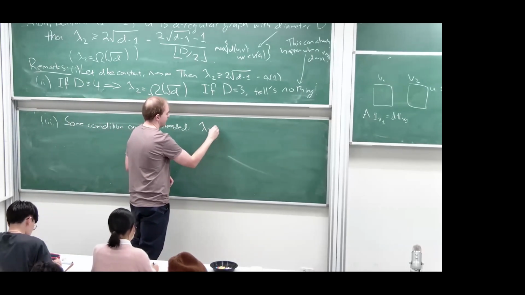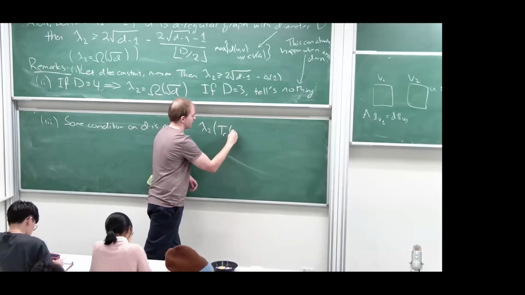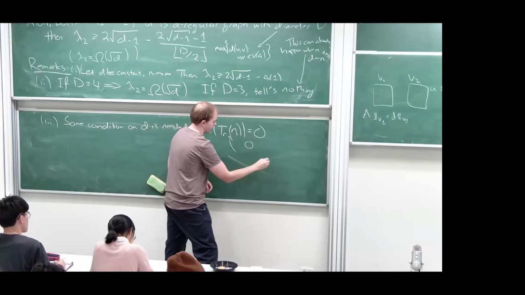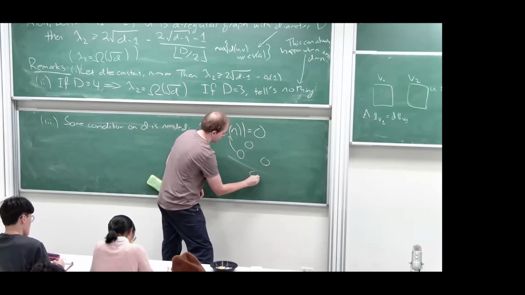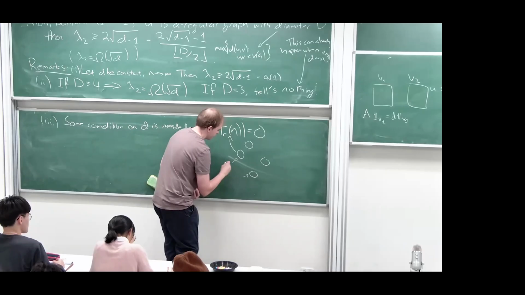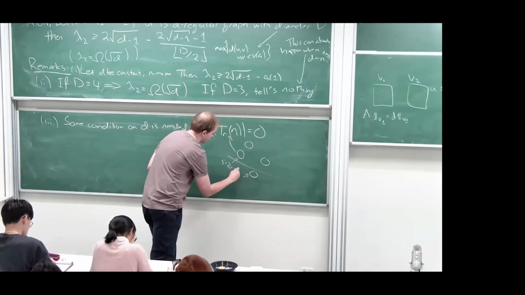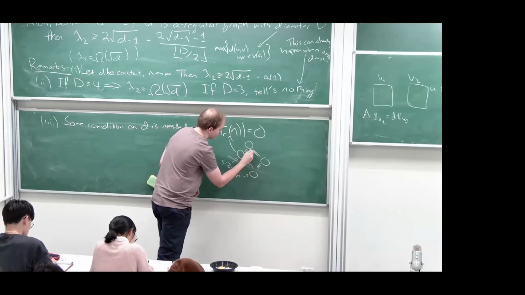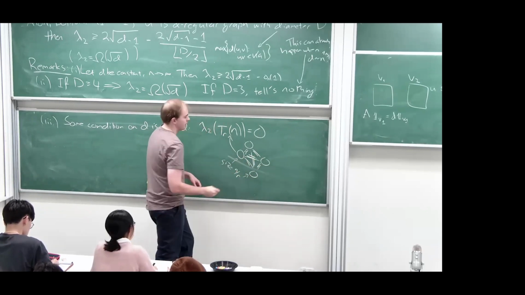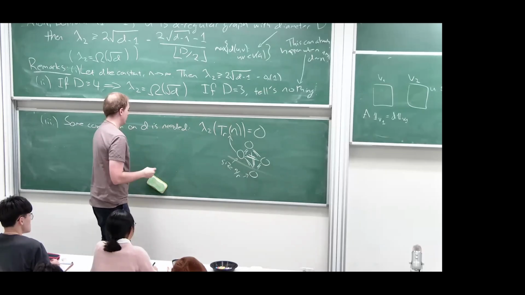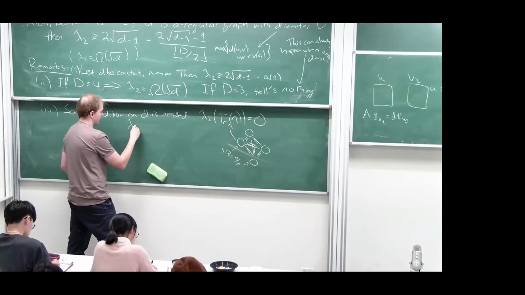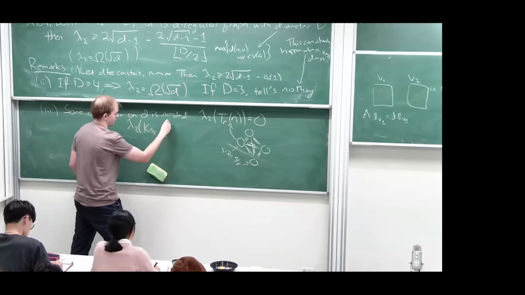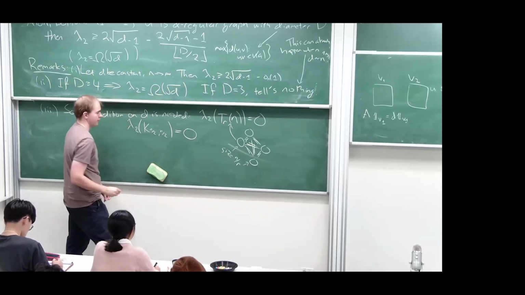As lambda2 of Turan graphs is 0. So for example, lambda2 of the complete bipartite graph is 0.